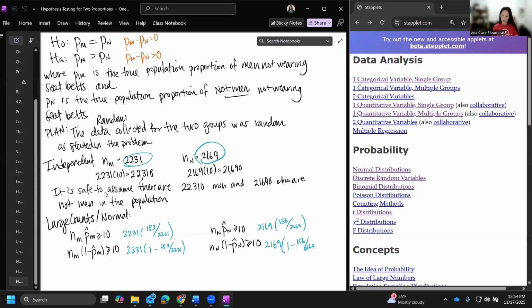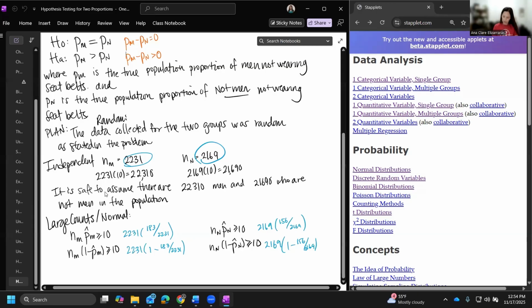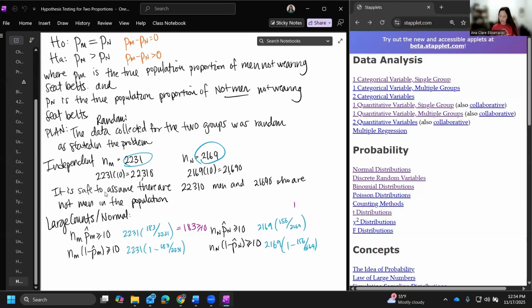So that means that for our successes, we have 183, which is at least 10. We're good there. And this one is 156. We're good there. So successes for both men and those who were not men were both over 10. That's great. Well, that means that the remainder of the 2231 are our failures. So that's 2,048 because 2231 minus 183 is 2,048.